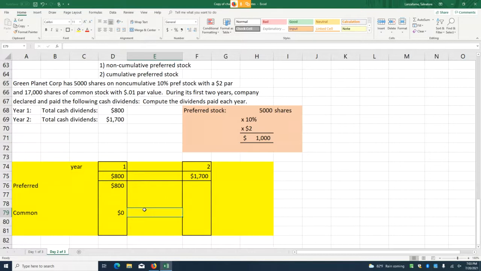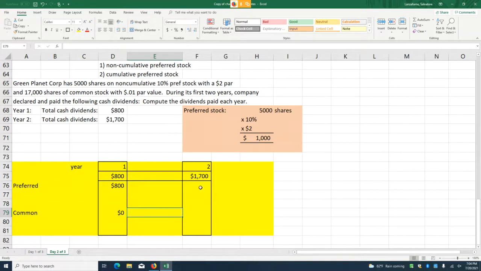But preferred was supposed to get 1,000. The company doesn't have 1,000 to give, right? And remember, this is non-cumulative, so it's the crappier kind of preferred stock. Even though they were entitled to 1,000, the company only had 800. That's what they get. It moves out on the other 200.